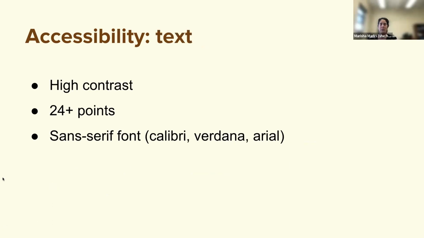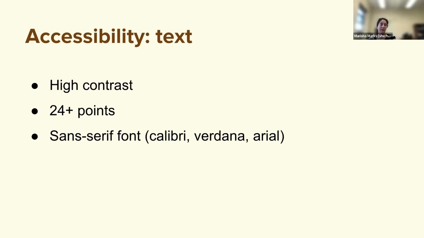And then the same thing with text. You want your text to be high contrast, so whether that's black on white, or a bright yellow on a dark blue, high contrast between your text and the background of the slides. Using fairly large text, because a lot of students are watching videos on very, very small devices, on phones.